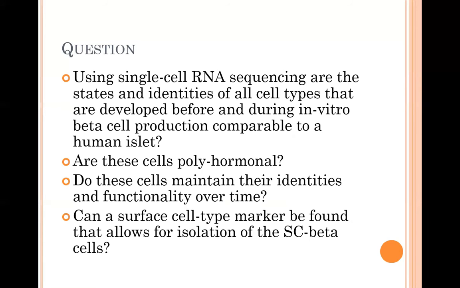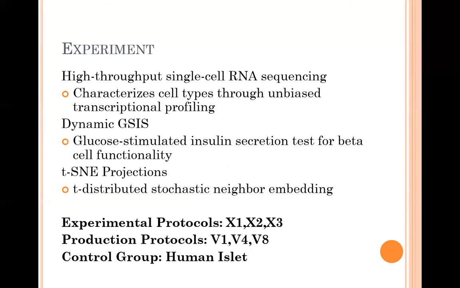And are any of these cells polyhormonal? Next, do these cells maintain their identities and functionality over time, specifically the beta cell population and its glucose responsiveness? And lastly, can a cell surface marker be found that allows for isolation of the SC beta cells? These questions are going to be addressed throughout the article.